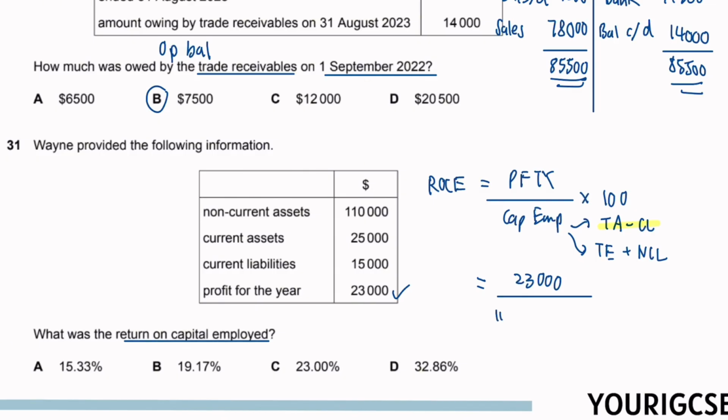So we just put in the values: 110 plus 25 minus 15. So for the final answer, you will get 19.17%. B is the correct answer.